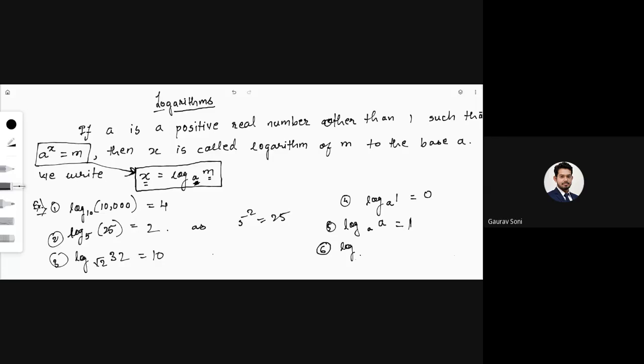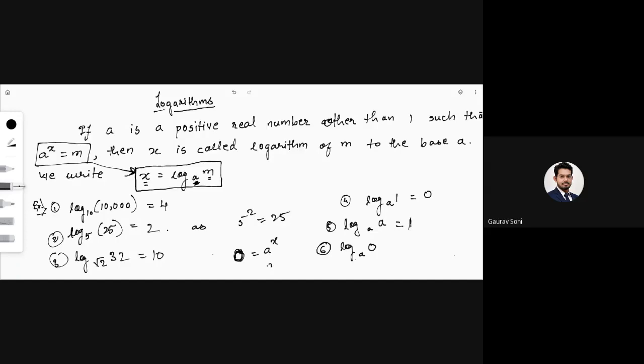Now, log to the base a of 0. So what will we get? 0 is equal to a raised to x, right?